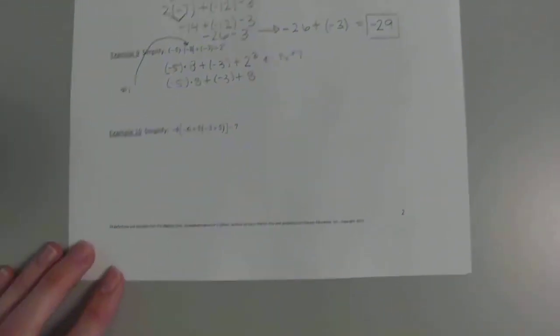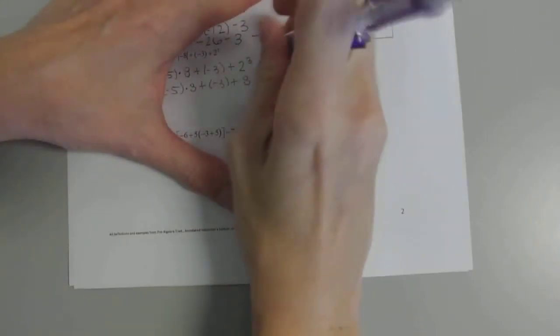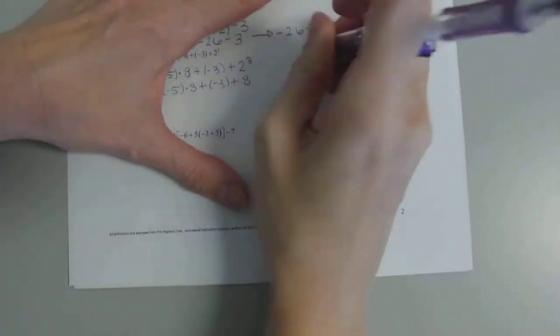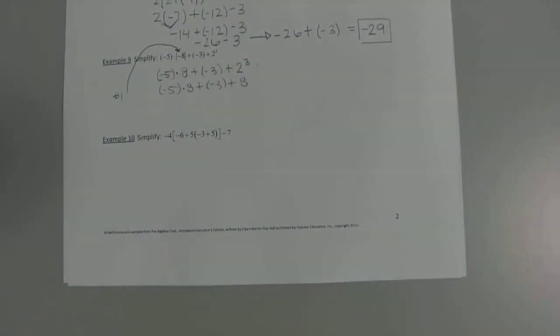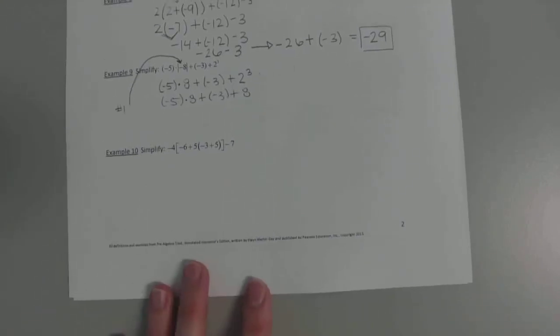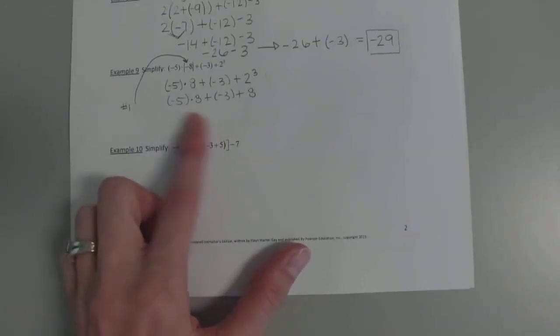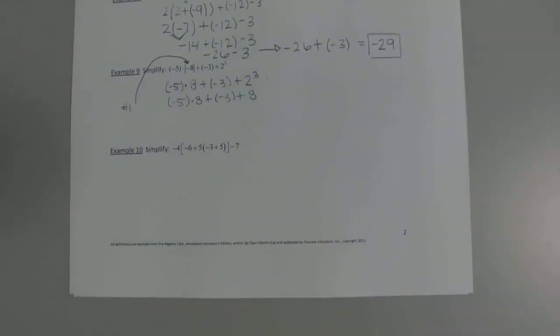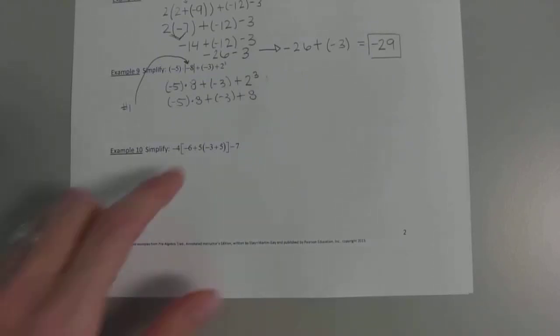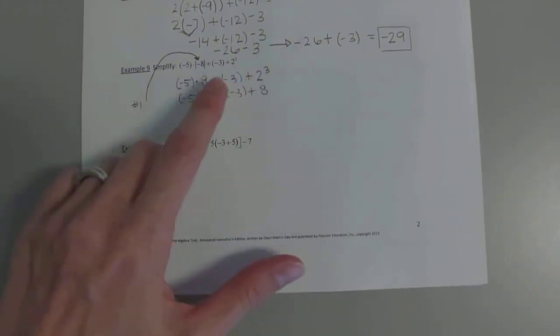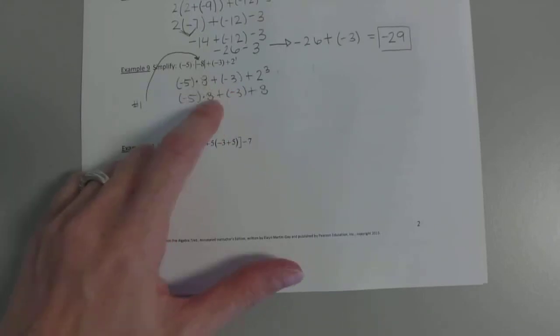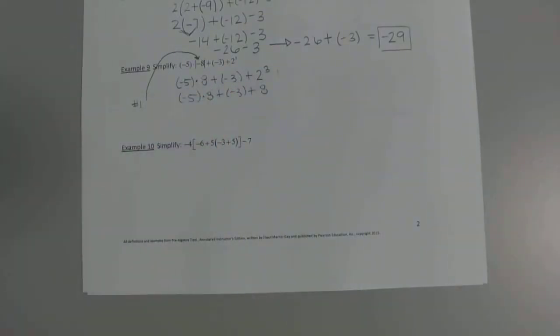Yes, sir? Why don't we just do the math? You can do the math. Like instead of putting all that, you could just put... Oh, yeah. You can do the multiplication and stuff like that. Is that what you're saying? Why keep writing basically the whole thing? Because with order of operations, which one you do first is important. If you don't realize that you need to do this first, you might add negative 3 with 8 first.